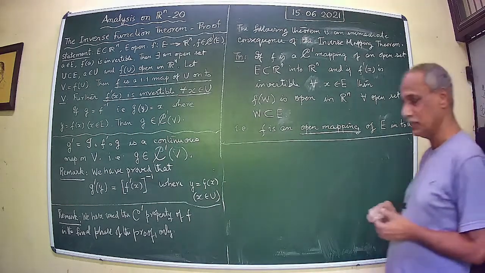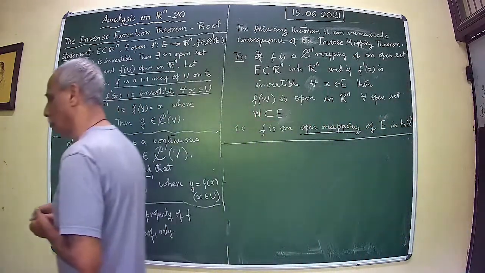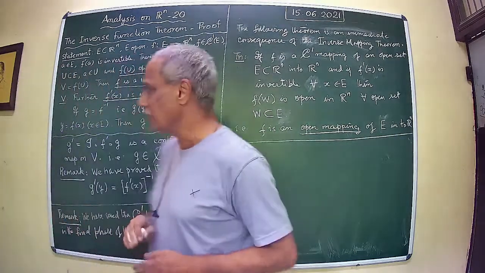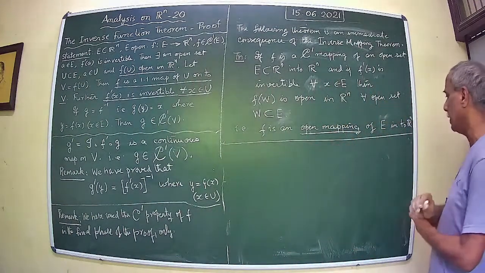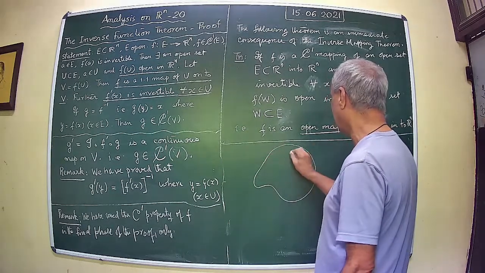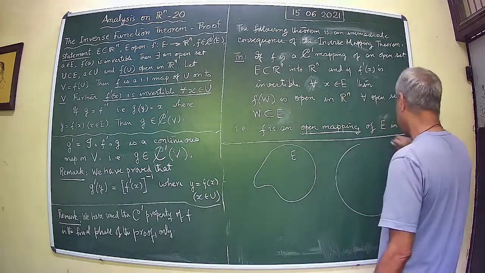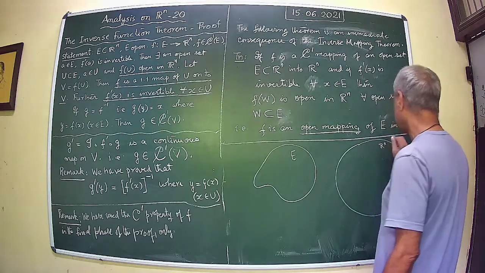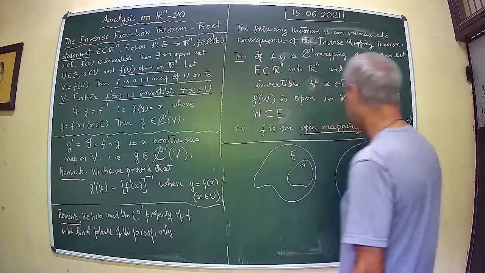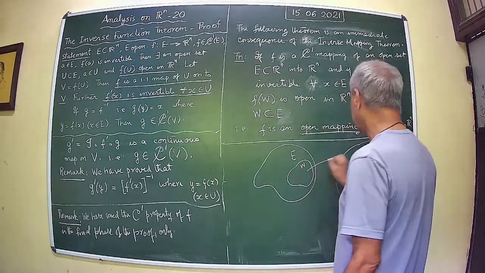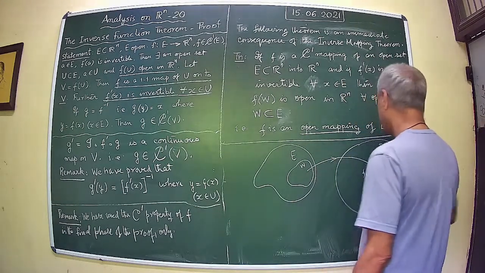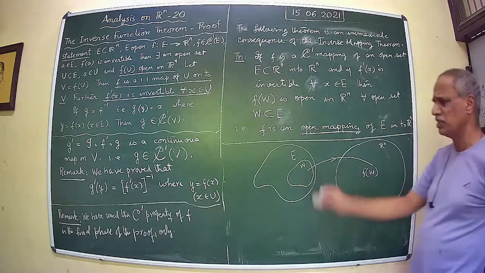Okay, and the power of this theorem would immediately tell you that all open sets are mapped under F to open sets. Now this is quite easy to prove, because what we are essentially doing is this: you have E here and this is Rn. Now what you are taking is some W here, which is open, and then it's enough to prove that FW is open. You have arbitrarily chosen W.